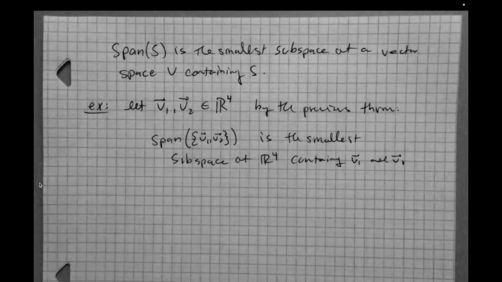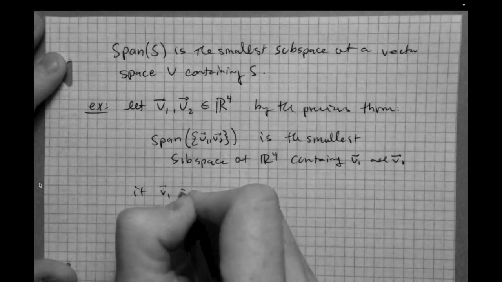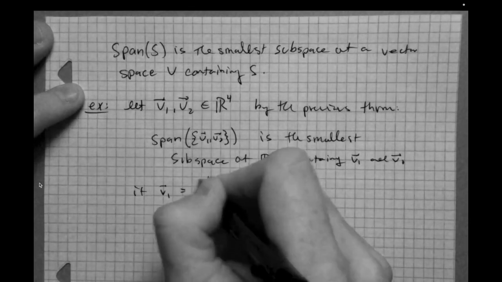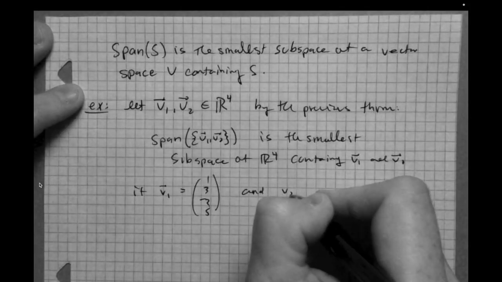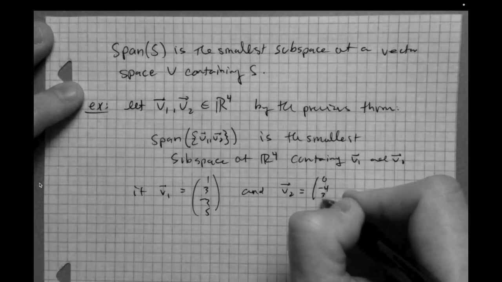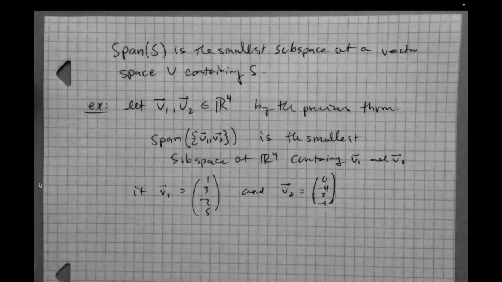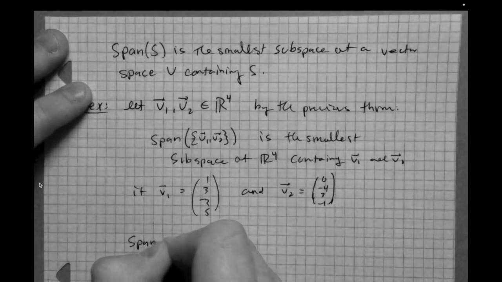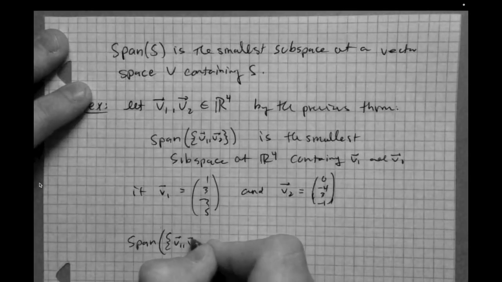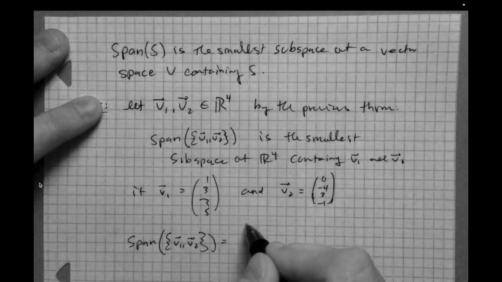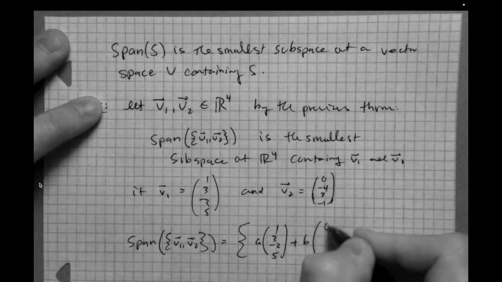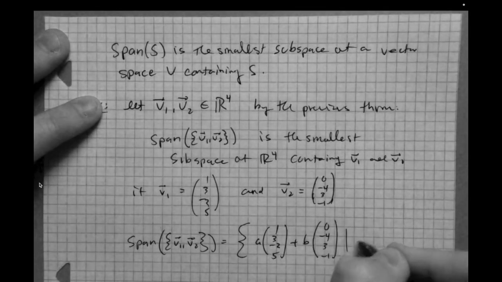So, for example, if v1 is equal to (1, 3, -2, 5) and maybe v2 is equal to (0, -4, 3, -1), then the span of v1, v2 is going to be the set of a times (1, 3, -2, 5) plus b times (0, -4, 3, -1), such that a, b are real numbers.